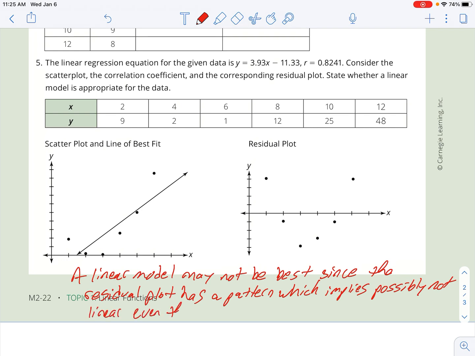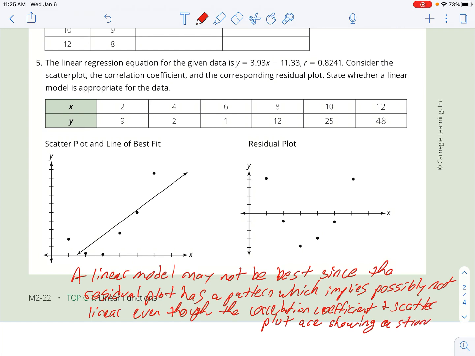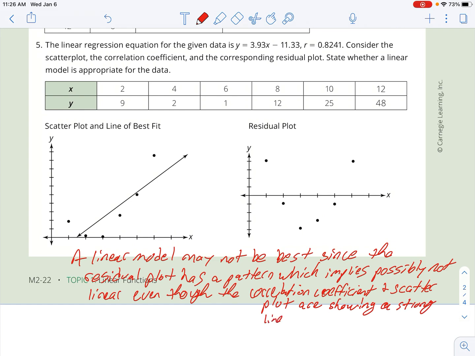Even though the correlation coefficient and scatter plot are showing a strong linear trend. So that residual plot's kind of that final nail in the coffin, as we've said.